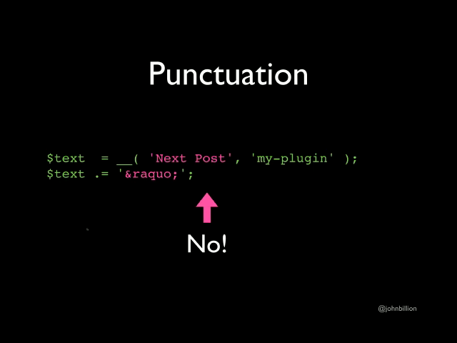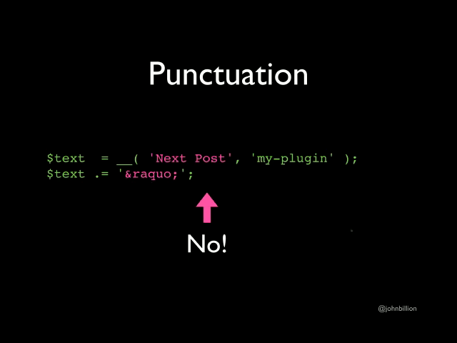Another consideration then is punctuation. So in English, the angle quotes, like the right and left angle quotes, are used, or rather they used to be used fairly commonly to identify navigation. So, for example, the next post and previous post links, it's quite common to see those double angled arrows appended and prepended to that phrase, so it's easy to see whether it's the next or the previous post.